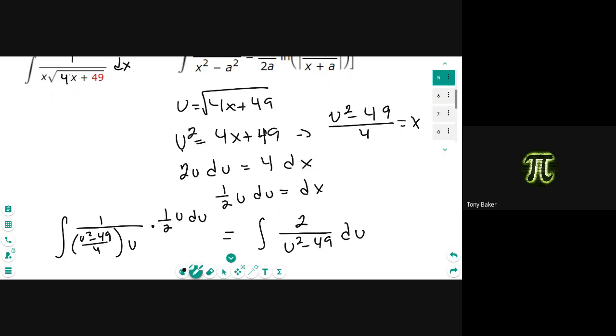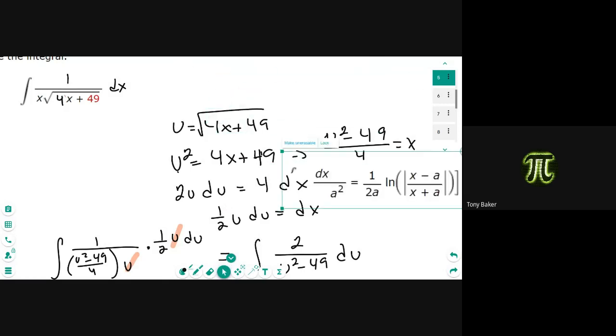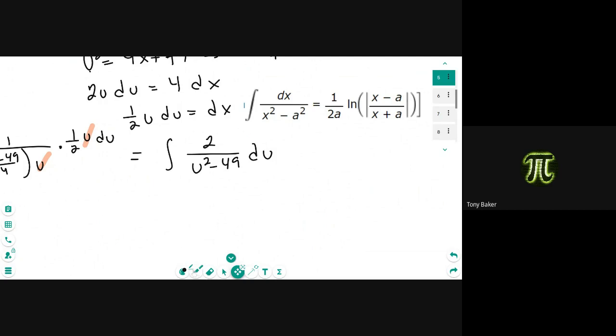And now we have that form. Because the u's will cancel out, so that u and that u cancel out. And I ended up having 4 over 2, which is that 2. And now we have it in that format. And our A is 7. So in this case, A is 7 from that.